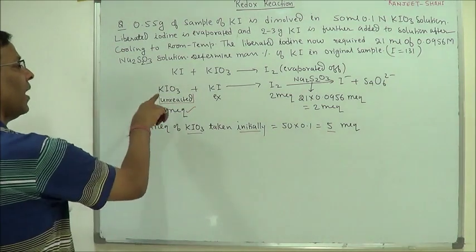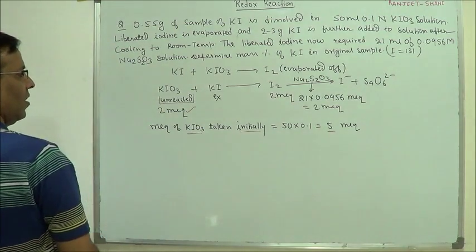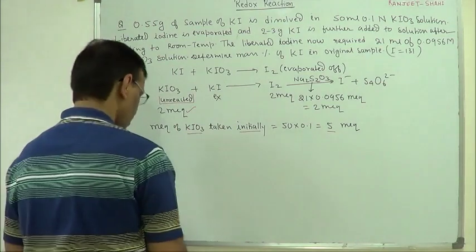So milliequivalent of KIO3 reacted with KI here will be 5 minus 2.